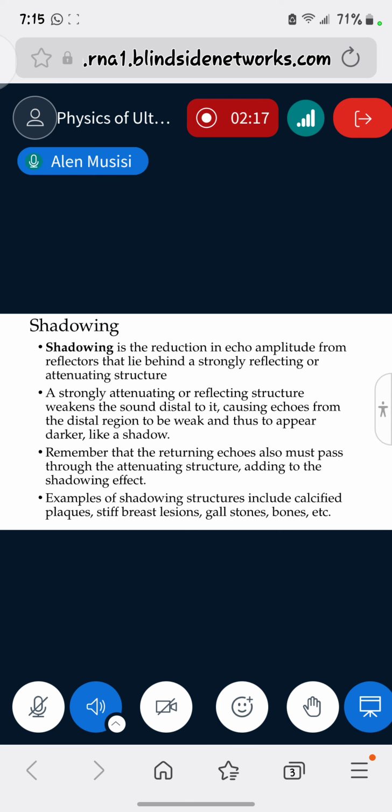So you will see a shadow casted on those structures after a high attenuating structure.